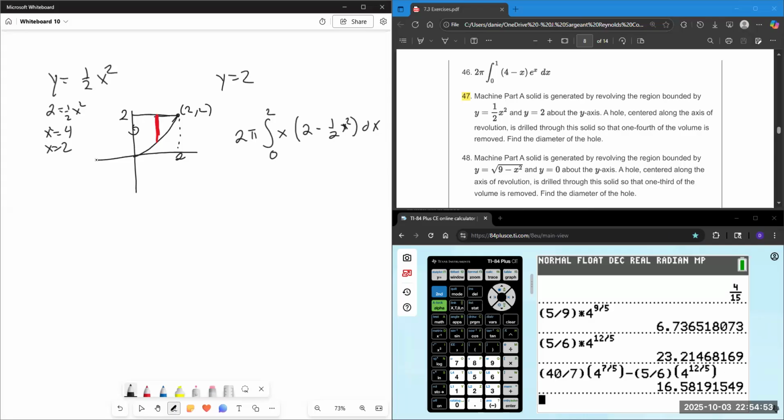So the volume is 2 pi integral 0 to 2, 2x minus 1/2 x cubed dx. So the volume is 4 pi integral 0 to 2 x dx minus pi integral 0 to 2 x cubed dx.